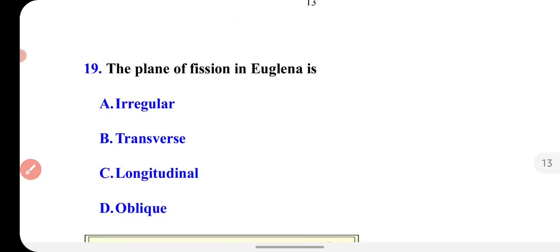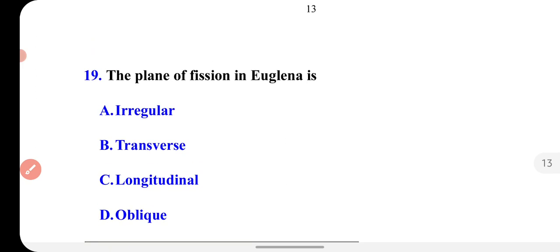Next question is, the plane of fission in Euglena is. You know that Euglena is a unicellular protozoan which reproduces asexually with the help of binary fission. The options are irregular, transverse, longitudinal, oblique.